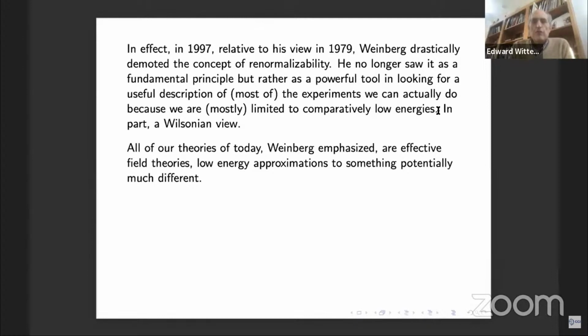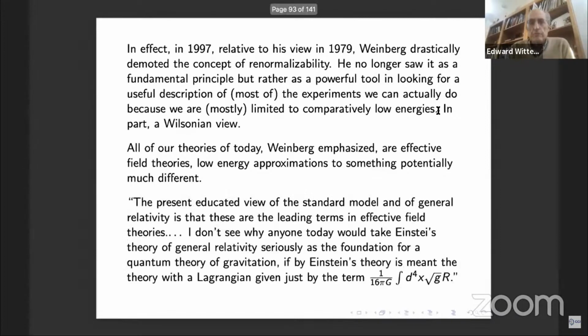So Weinberg emphasized that all our theories of today are effective field theories, low energy approximations to something that's potentially much different at short distances. So he writes, the present educated view of the standard model and general relativity is that these are the leading terms in effective field theory.